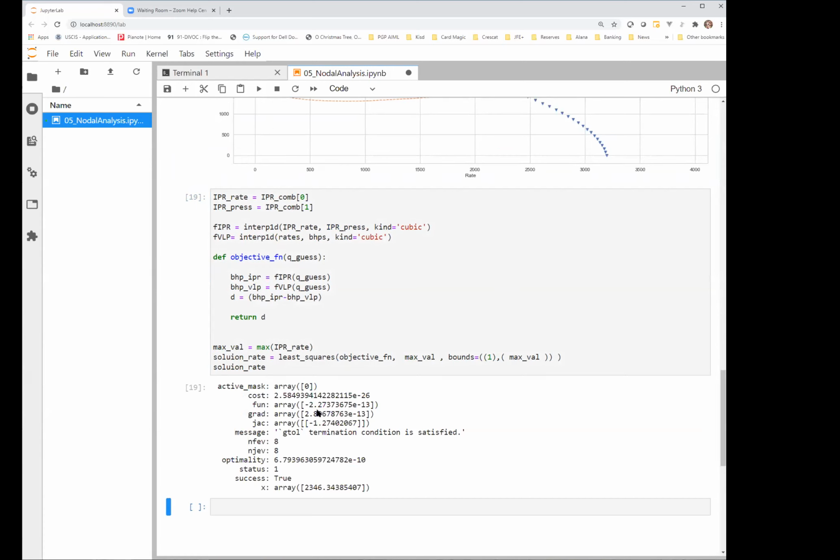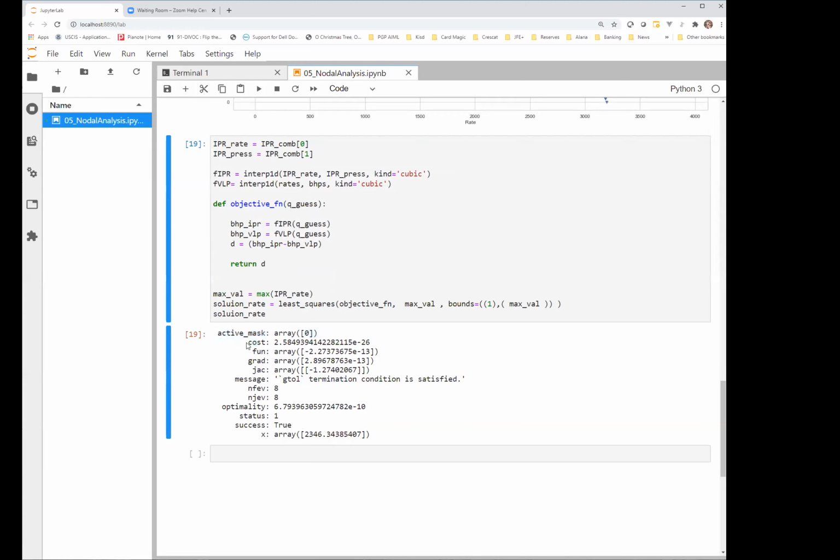Excellent. So we see that now the solution of the optimizer gives us many outputs: the cost function, the gradient, the Jacobian, and a message to let you know the condition is satisfied. So we found a solution in 8 iterations and success equals true.